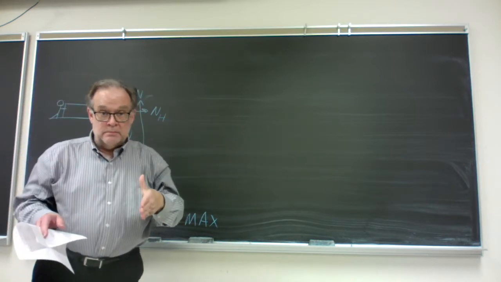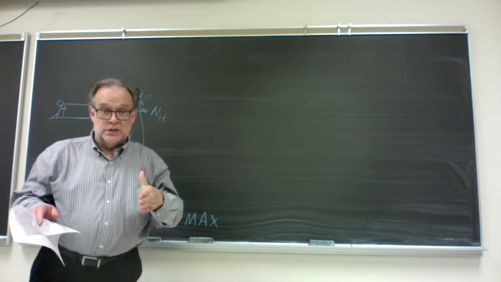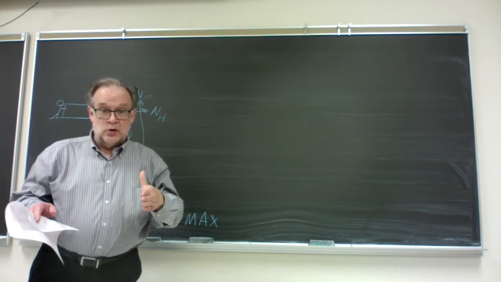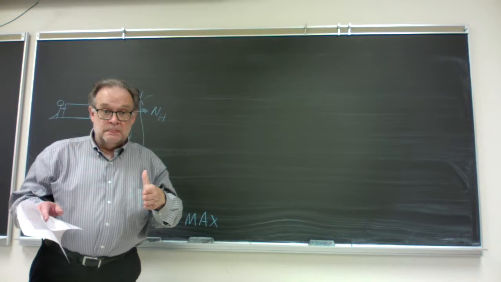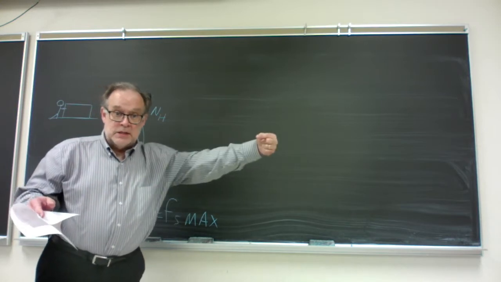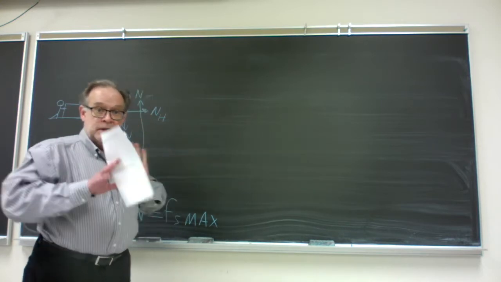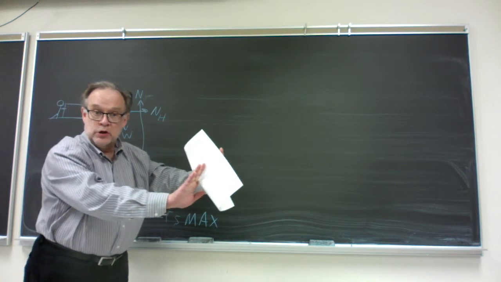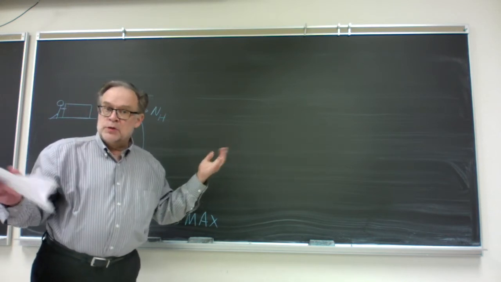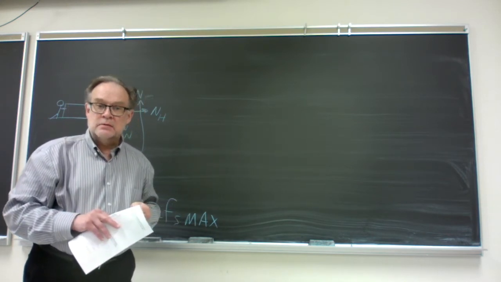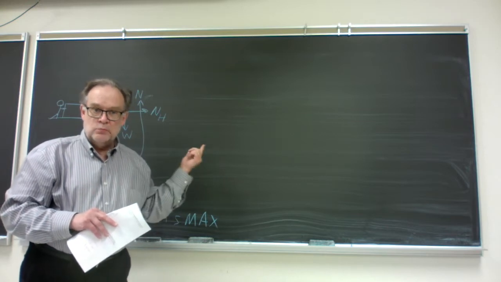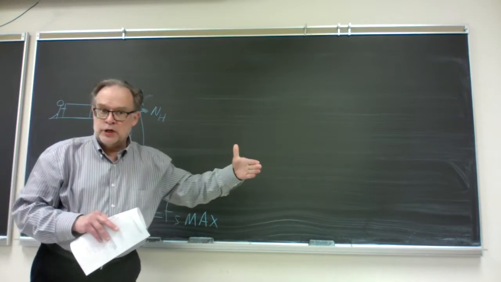It's staying put, maintaining a constant velocity of 0, so it's got no acceleration, no net force. No net force means there must be some backwards force that cancels out my forward push. That's what the static friction force does. It keeps the crate from moving even though I'm pushing.